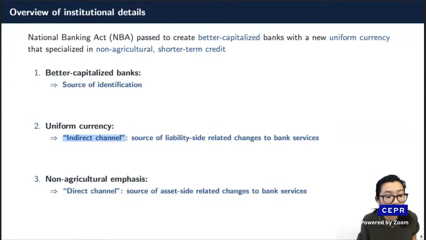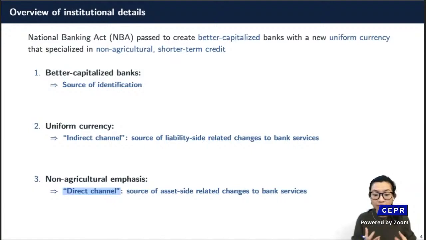And finally, in the non-agricultural emphasis, that's where we're going to try our best to separate out this direct channel, where some sectors of the economy were able to get the loans that we think of as being on the asset side separately from other sectors of the economy.